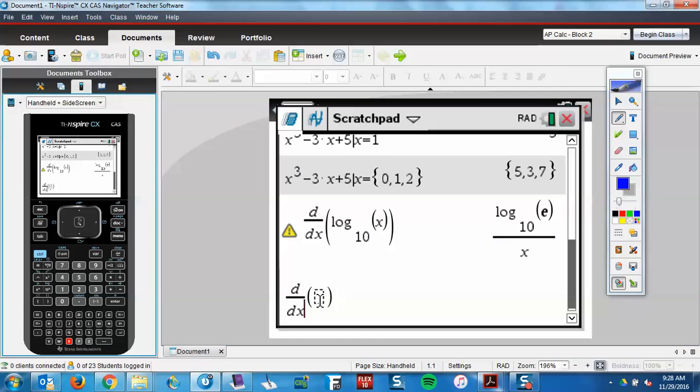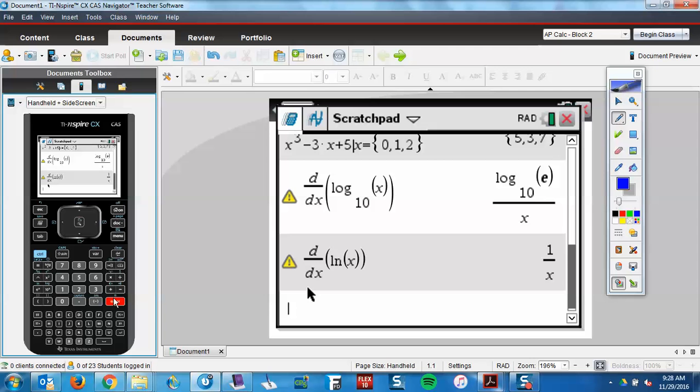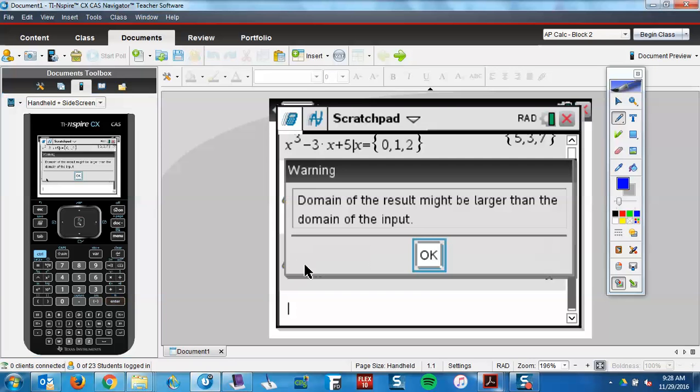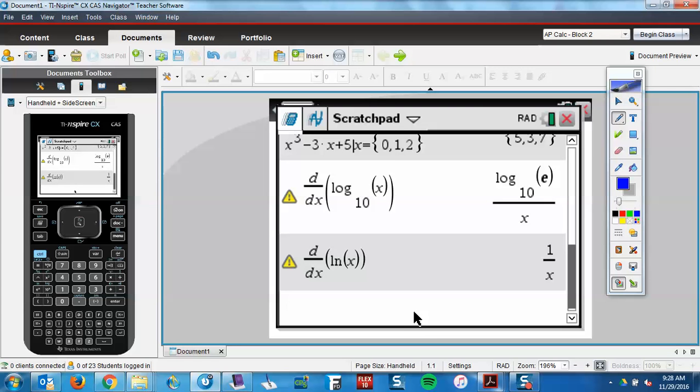So you just want to do ln x. The derivative is 1 over x, right? So it'll give you that. Well, it says domain may be larger than the domain of the input. In other words, with ln x you can only put in positives. You cannot put a negative into ln x. But the answer would accept negatives, right?